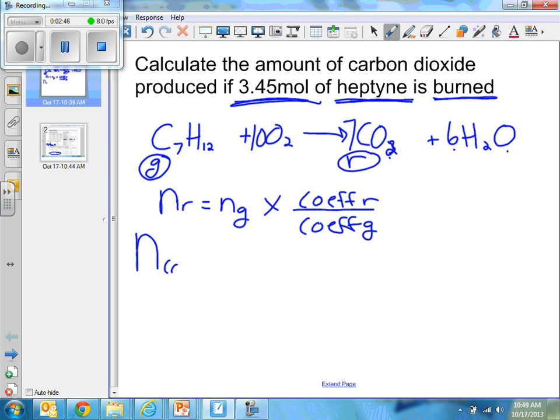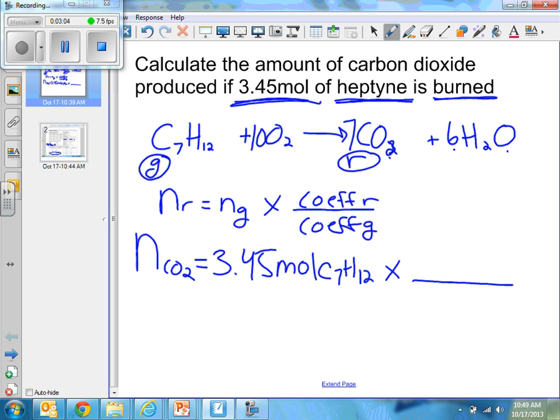Number of moles of CO2 equals number of moles, 3.45, of my heptane, C7H16, times my coefficients. Coefficient of my required carbon dioxide is 7. It's my required over 1, my given. So we take 3.45 and multiply it by 7 over 1.